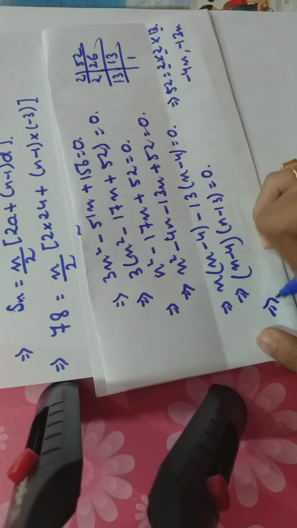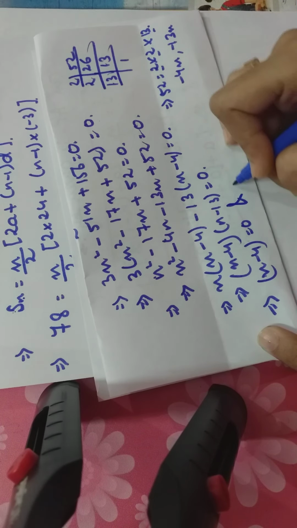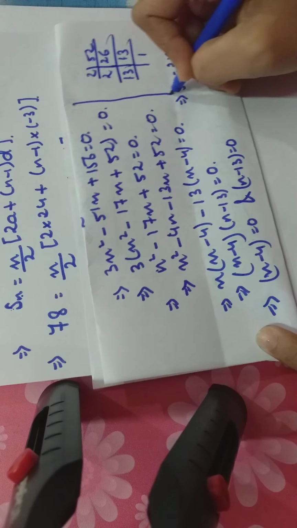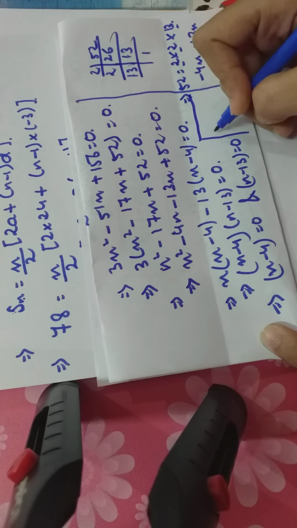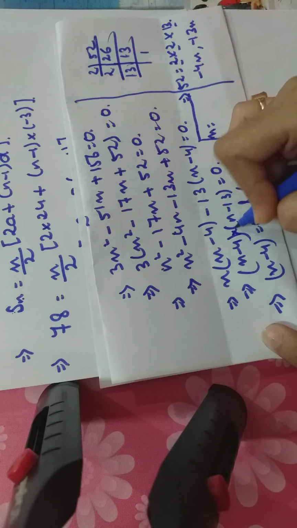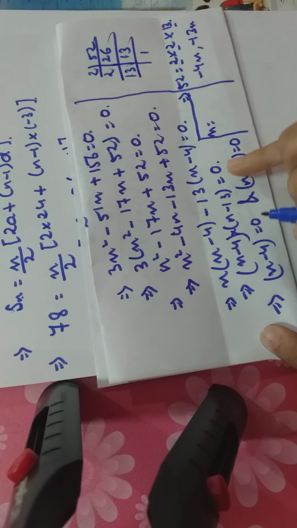So first you take n − 4 = 0 and n − 13 = 0. What will be the value of n? Both terms are in multiplication, that is (n − 4) into (n − 13) equals 0, so you take each factor equal to 0.